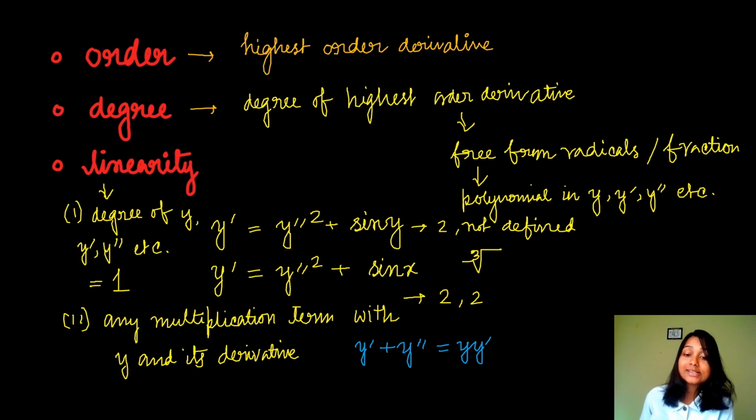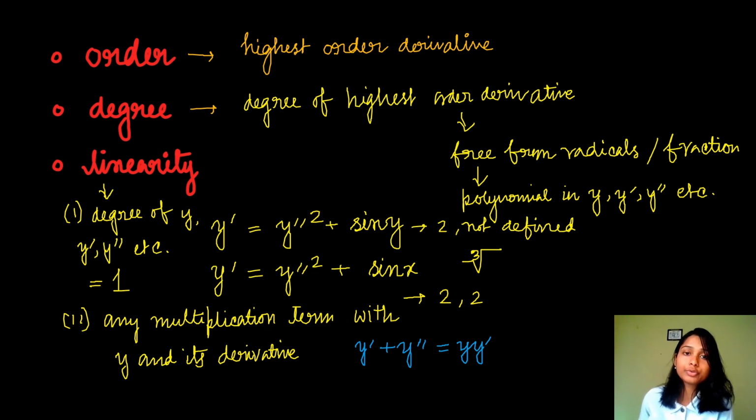Also, the degree of the differential equation here is 1, as the highest order derivative has the power 1, and it is free from radicals, free from fractions, and expressed in polynomial form. So the degree is 1 and order is 2. As for linearity, this term has power 1, so there is no problem. But there is a multiplication term between y and y dash. So this is not a linear differential equation. This is a nonlinear differential equation.